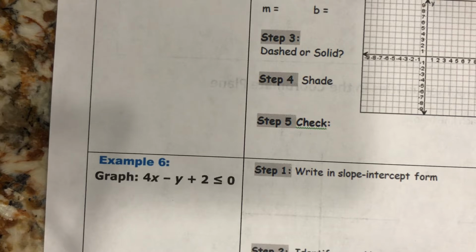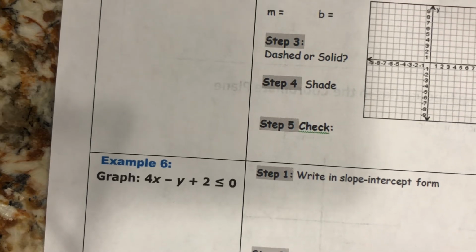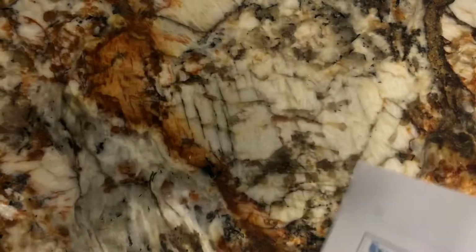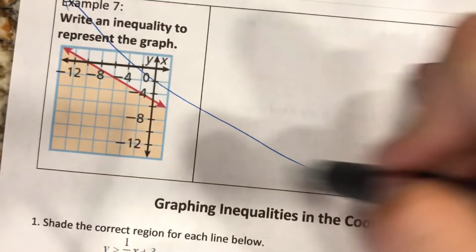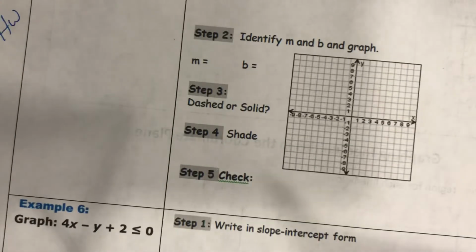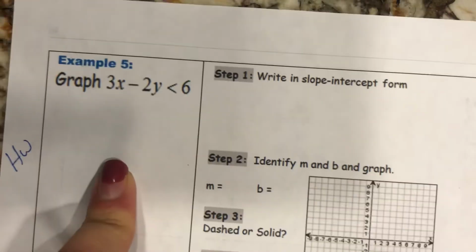And then on page 30, you guys are going to do the rest. Okay? We are also not going to do this question. So we're not going to do example 7. So example 6, again, you're going to do example 5.